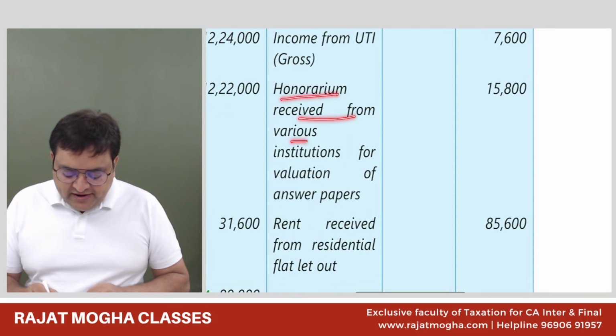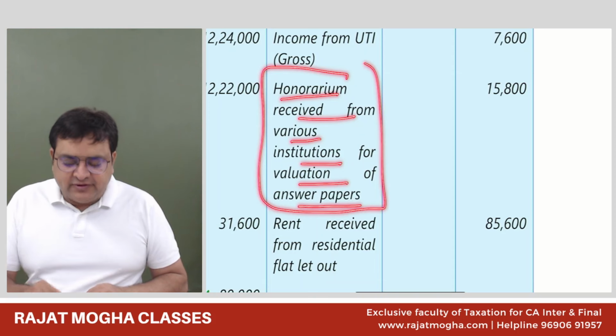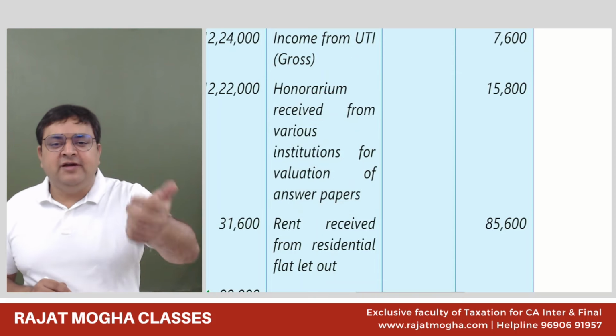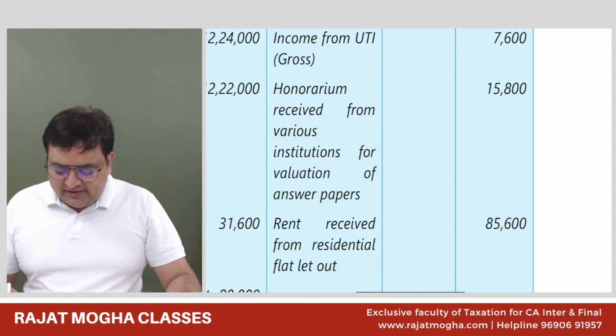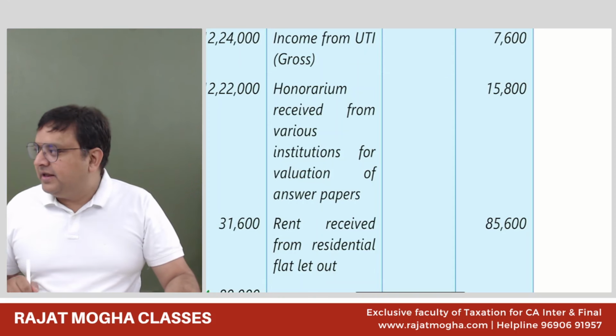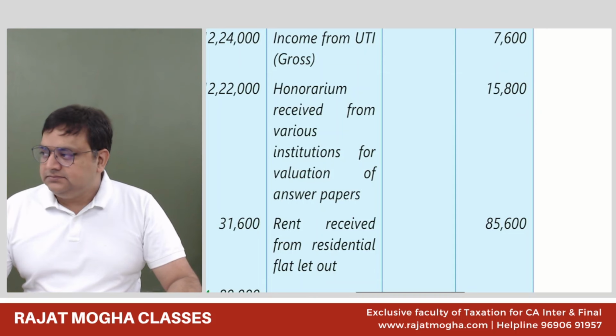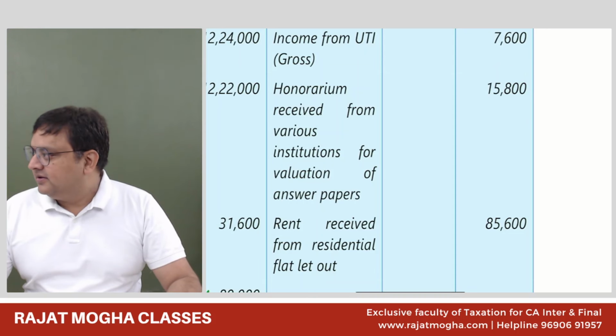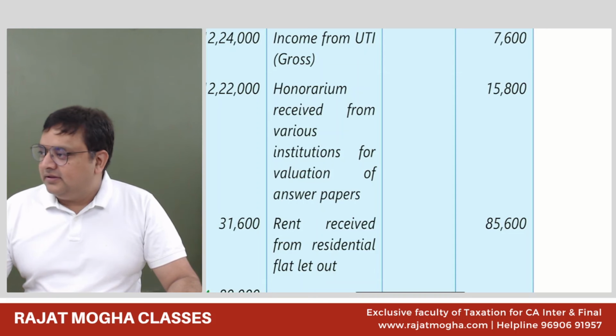honorarium received from various institutions for valuation of answer papers. So she's a chartered accountant also. So the institute is saying, okay, please evaluate the papers also. And they have given her 15,800. What type of fees is it? Is it a professional fee?